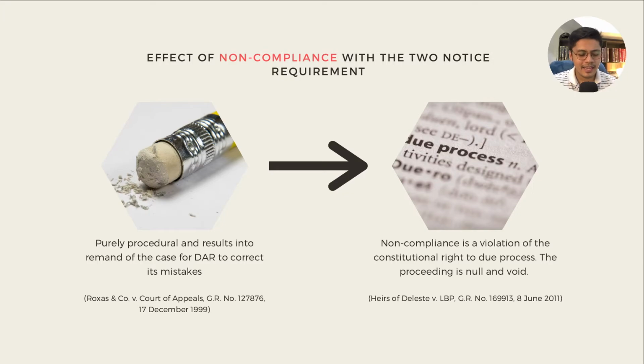Okay, in the case of Rojas and Company versus Court of Appeals in 1999, the court held first, no, that the violation of the two notice requirement, okay, non-compliance, irregularity in the two notice requirement, are just characterized as purely procedural irregularities. Okay?